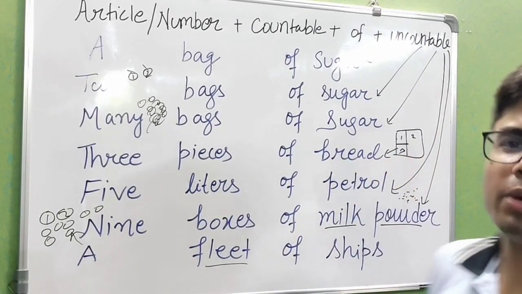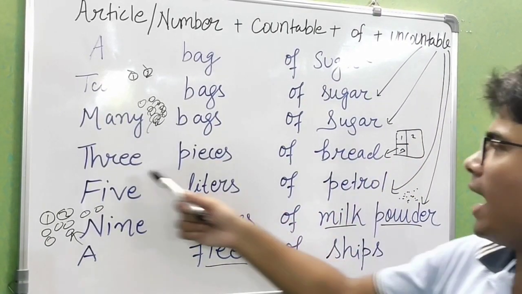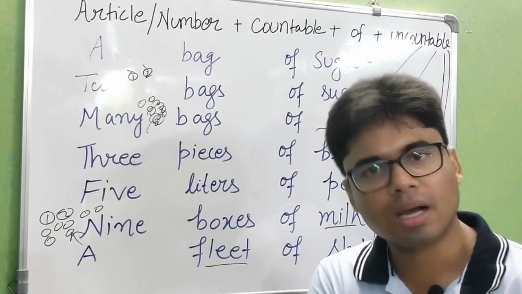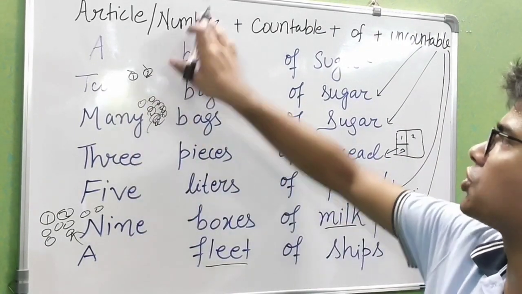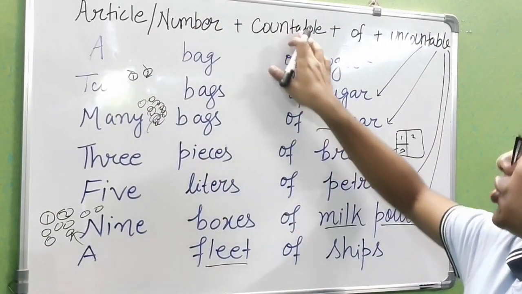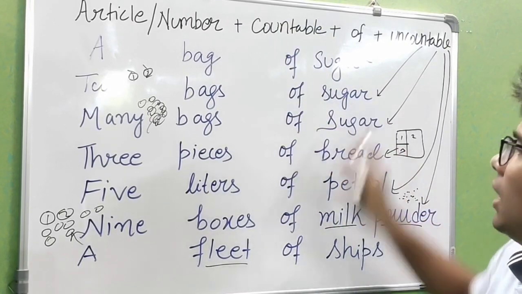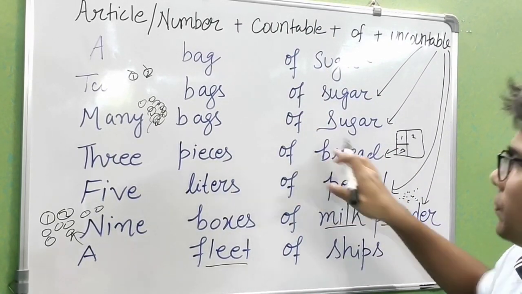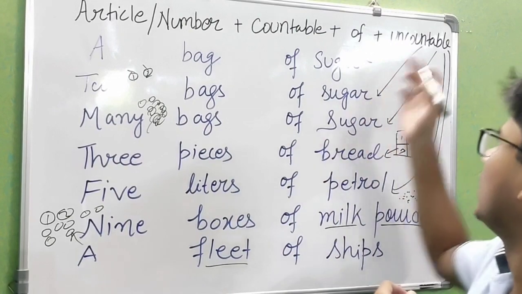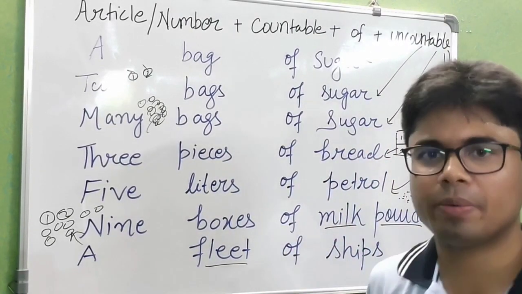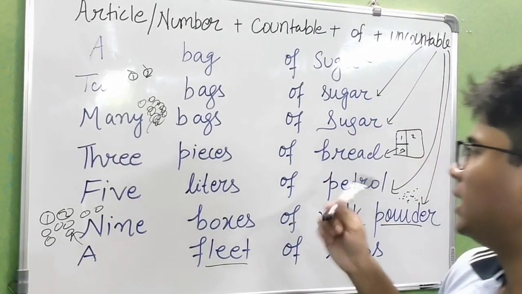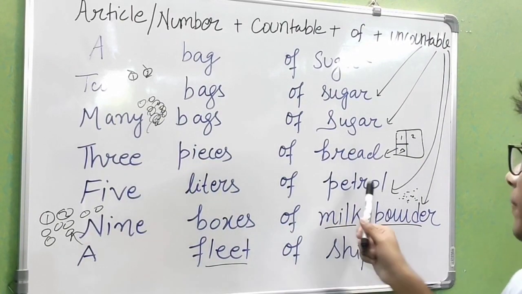Bread is again a countable noun, of course, okay, and 3 pieces again countable noun. So 3 is showing number, pieces is showing countable, plus of plus bread. Bread is showing again, here in this case it is a countable noun, not uncountable. Fine.